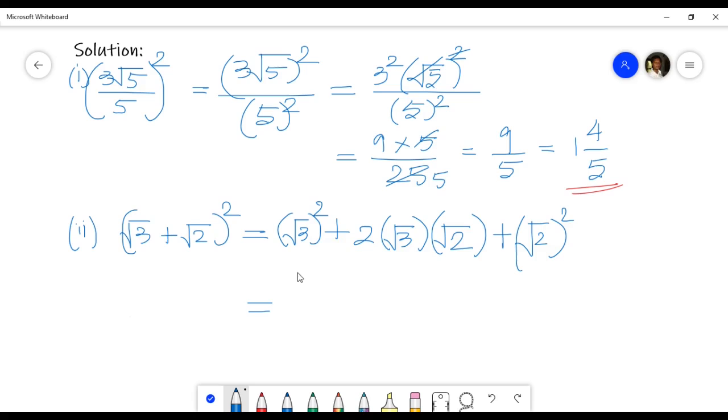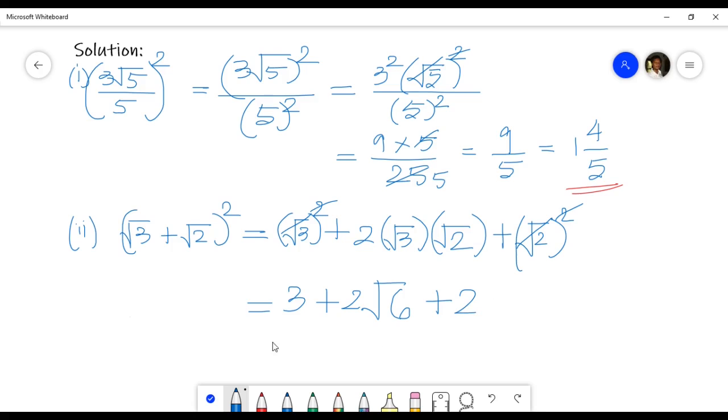Square and square root cancel, leaving 3 plus 2, and the two radicals can be multiplied, so 3 2s are 6, plus the square and square root cancel, leaving 2.